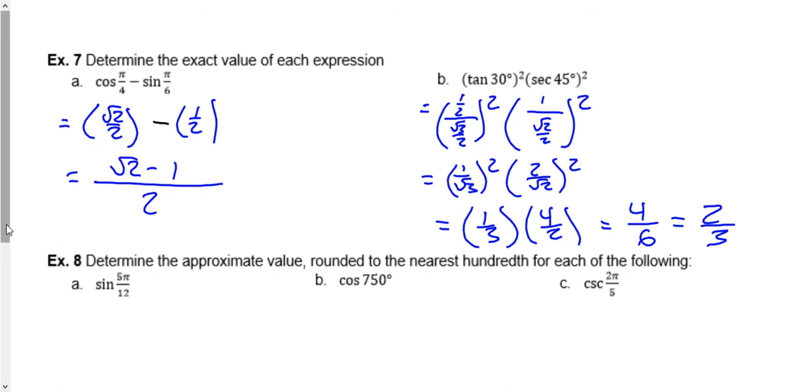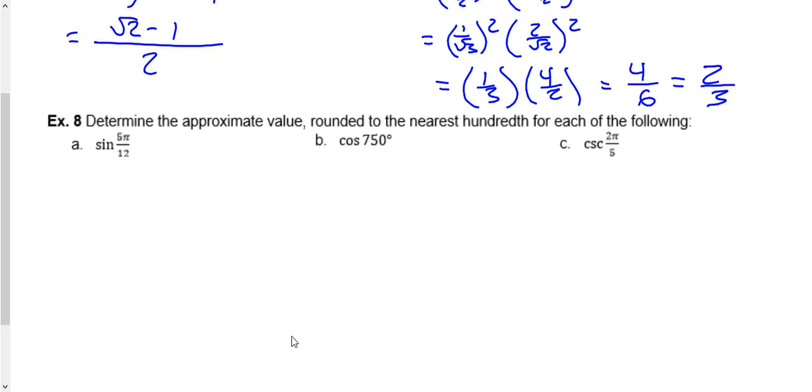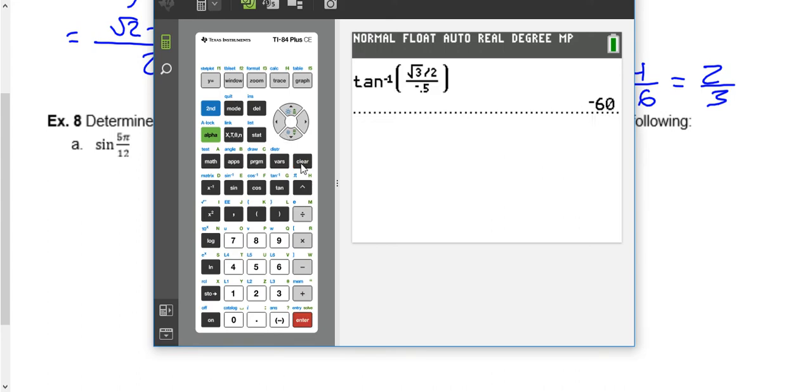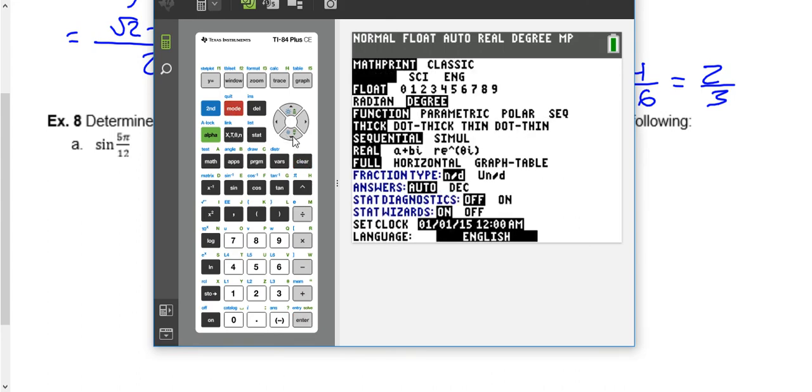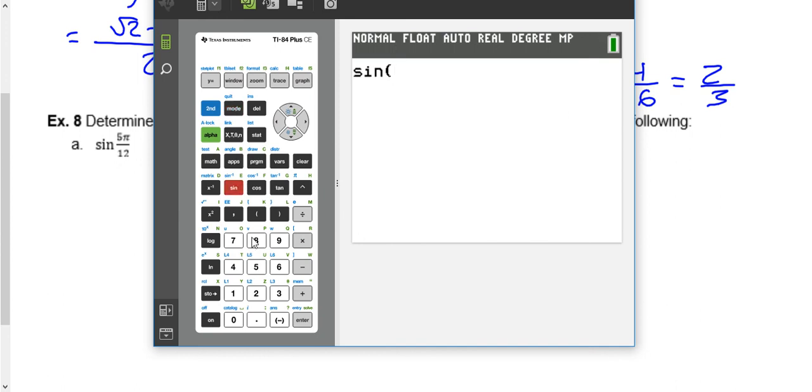Last but not least, number 8 is typing all 3 in on your calculator. So let's work with our calculator. The very first thing, double check your mode. If I didn't change my mode and typed in sine 5 pi divided by 12, I would have gotten an answer of 0.0228.